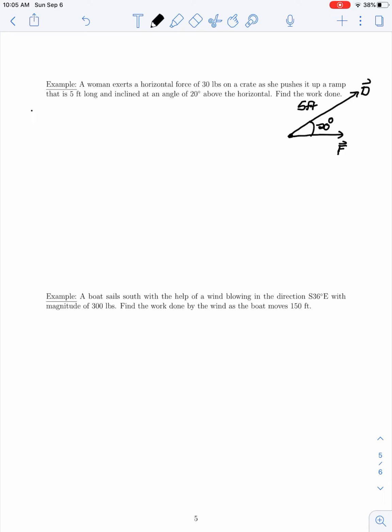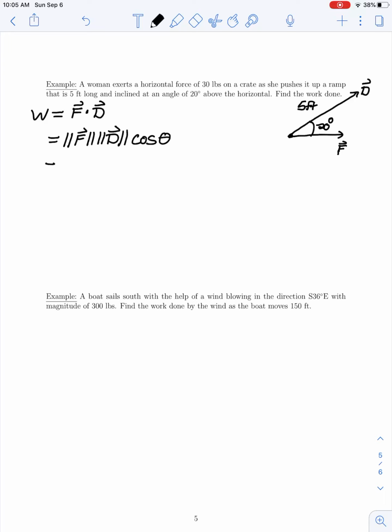So in order to calculate the work done, we need to find the dot product of the force and this displacement vector, which can be calculated as the product of the magnitudes of these two vectors times cosine of the angle between them.